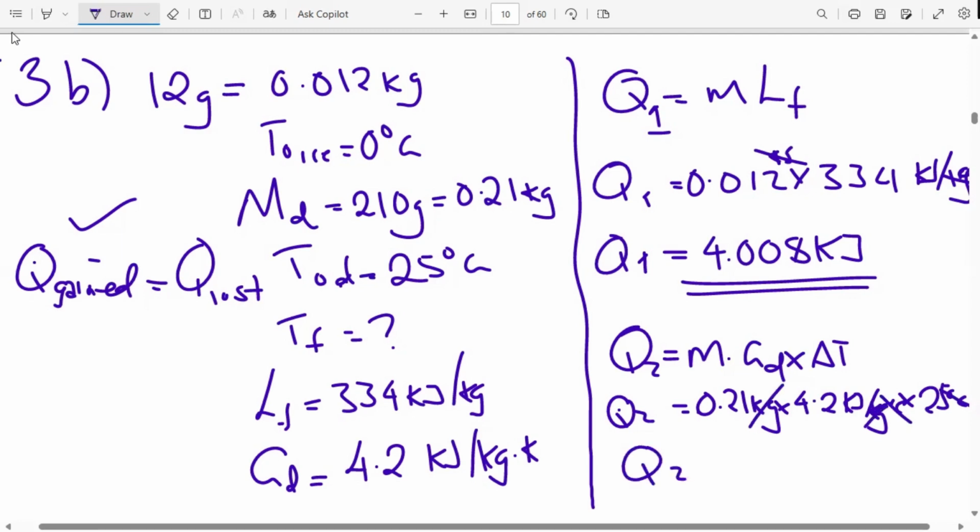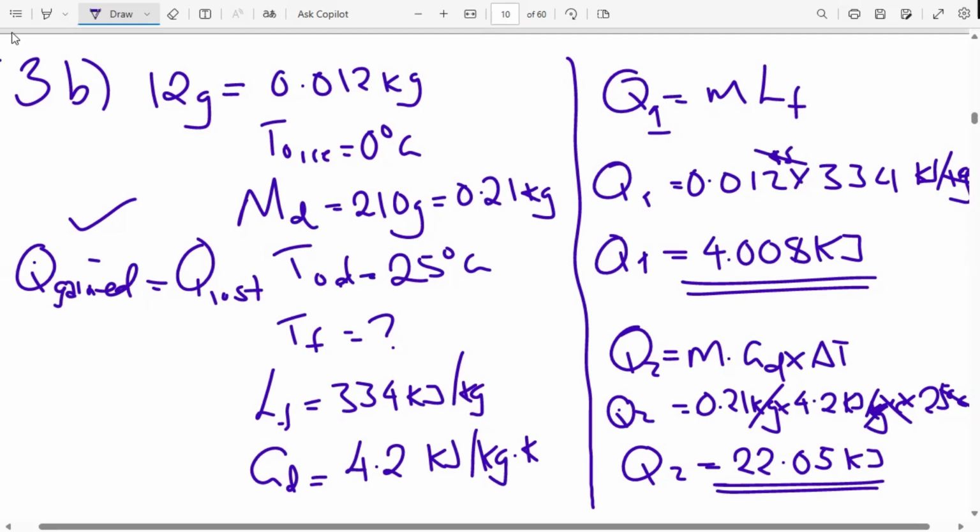Which means my Q2 will be equal to 0.21 multiplied by 4.2 multiplied by 25. This is going to be equal to 22.05 kilojoules. Okay, so this is the maximum heat energy that is available if the drink was to cool down all the way to 0 degrees Celsius.